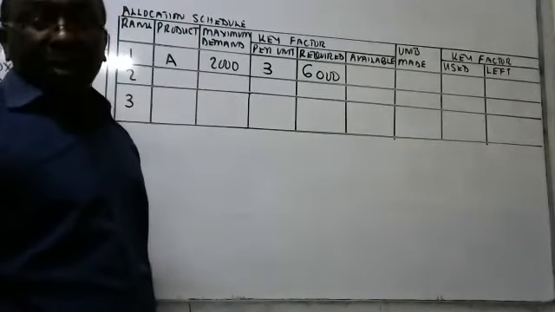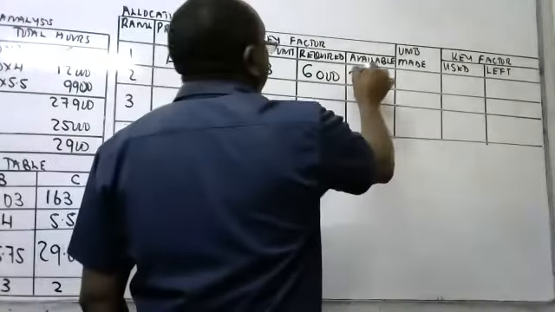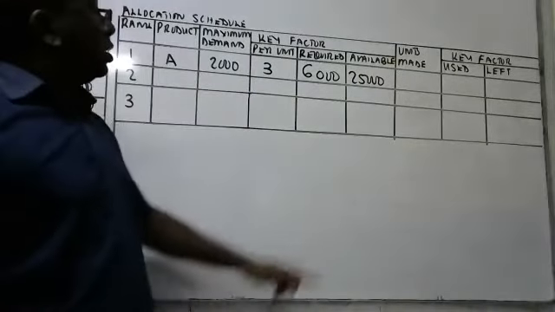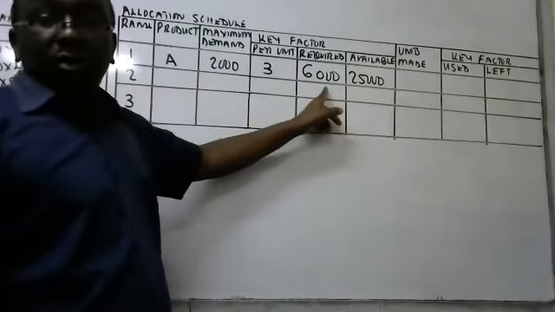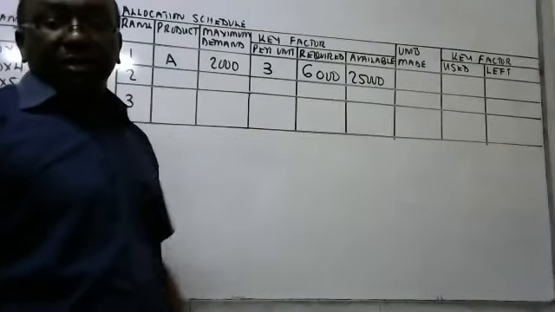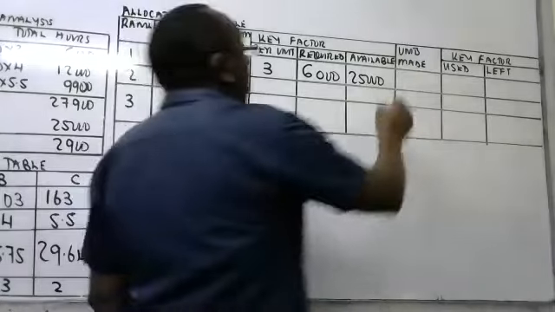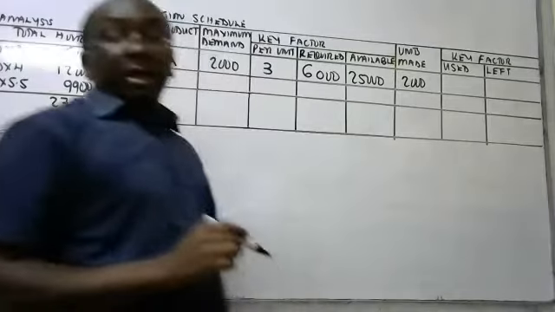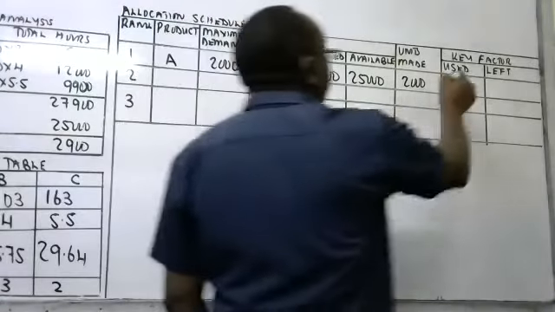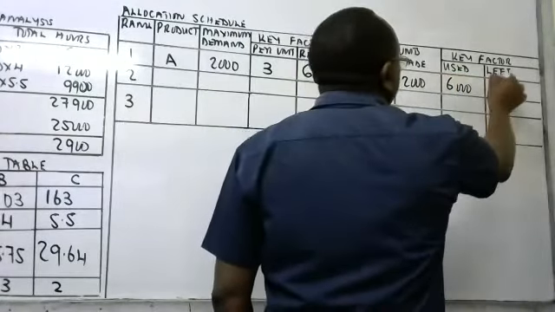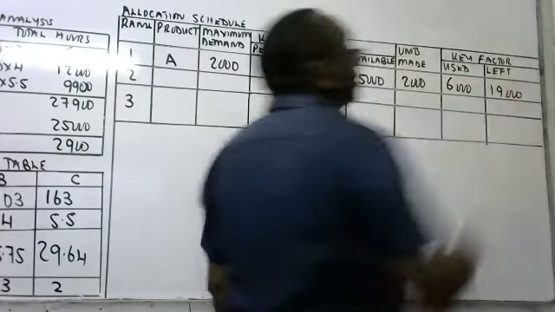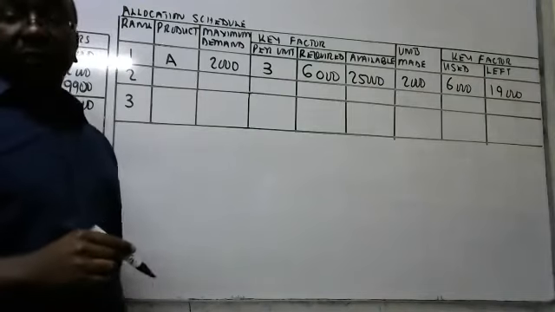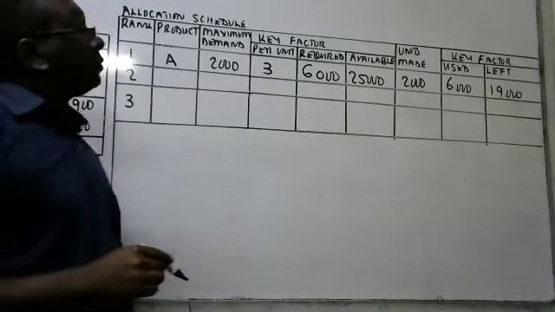The available number of hours is 25,000. Because the available is more than what we require, we can afford, so we will make all the 2,000 units. In so doing, we will have used 6,000 and we will be left with 19,000 hours.